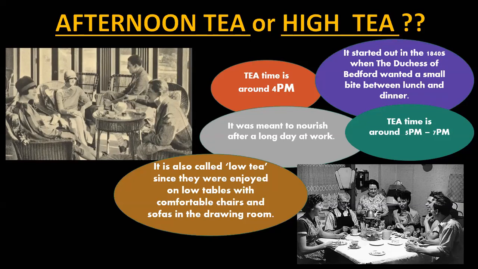So let's take a look at the time. It is around 4 p.m. What do you think? Is it the afternoon tea or the high tea? And especially justify your answer. So 4 p.m. What do you think? Around, so it is not sharp, but around.